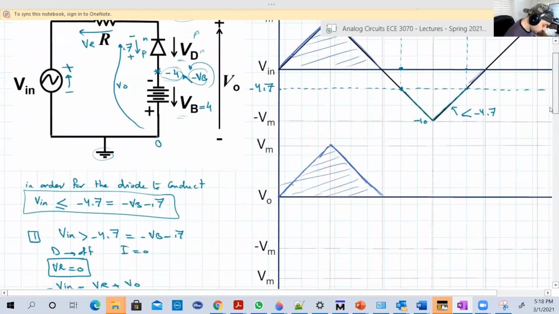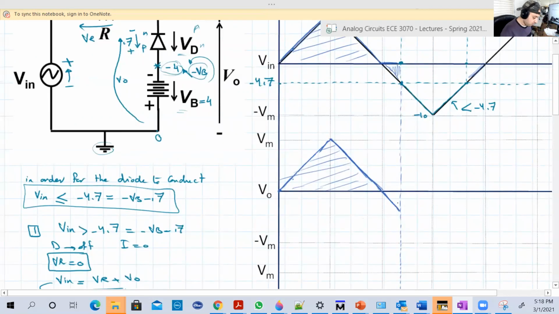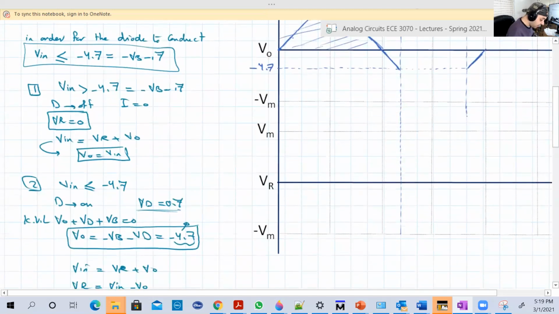Also, still this portion here, I'm going to also copy this one into here. And this point is minus 4.7. And again, this portion should be copied and pasted to the output. And it's again minus 4.7. Now for VR, it is really simple. It is just 0.